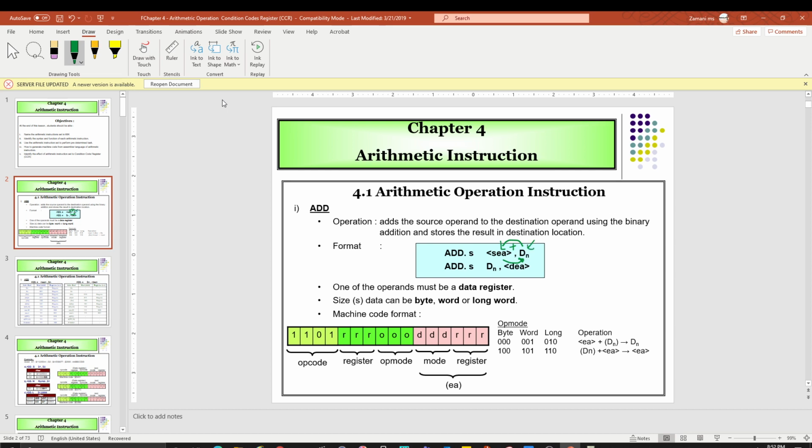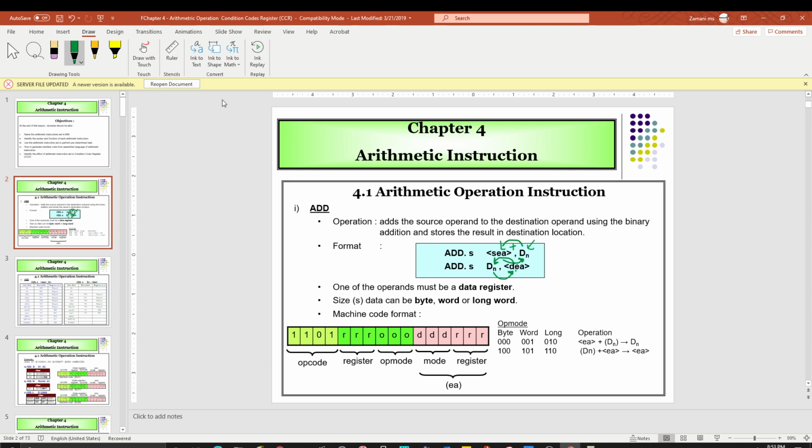For the other one, for example, the destination is not the data register but the effective address, possibly the memory. Then you are going to add the contents of the destination effective address with the data register, and the result will be saved back to the destination effective address.